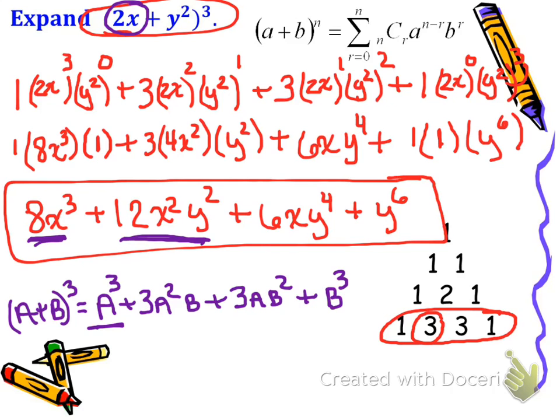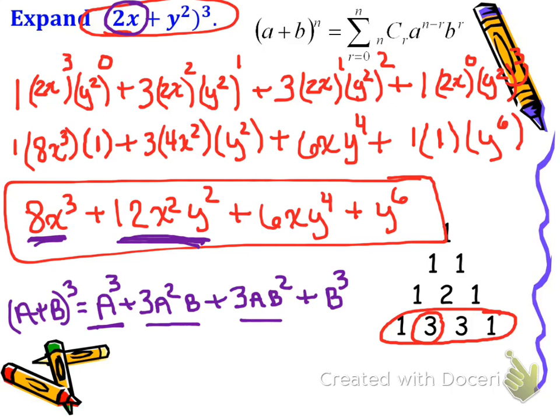We know that if we were just expanding it using our pattern, we should have gotten 3 times a squared b. Well, 3 times 2x squared, 2x squared would have been 4x squared, times the 3 would have been 12x squared, and then times our b would have been y squared, and that's what we ended up with, 12x squared y squared.